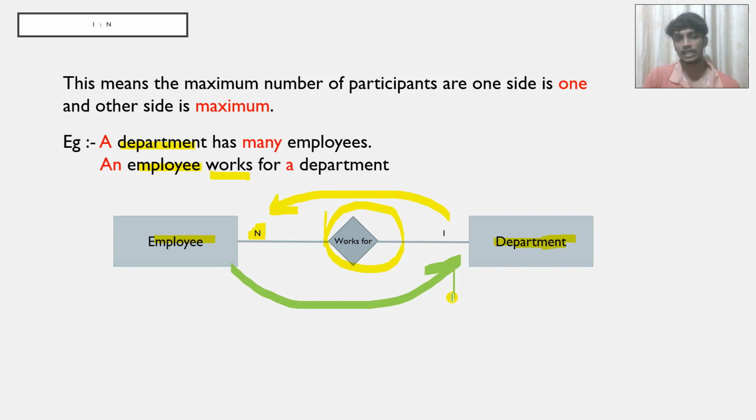Imagine a game designer at Ubisoft only works for that company. That game designer can't work for Ubisoft and Rockstar and any other company or department. He is only working for that department, so it will be one. That is how one-to-many relationships are made. You can also identify those relationships by using words.